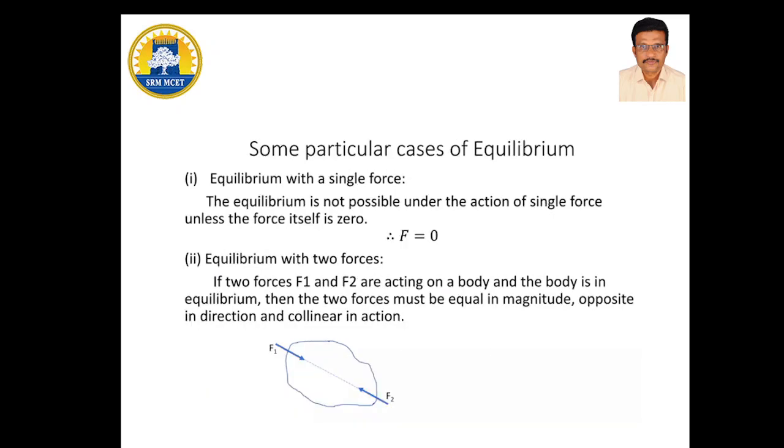We will see some particular cases of equilibrium. Equilibrium with a single force: equilibrium is not possible under the action of a single force unless the force itself is 0.